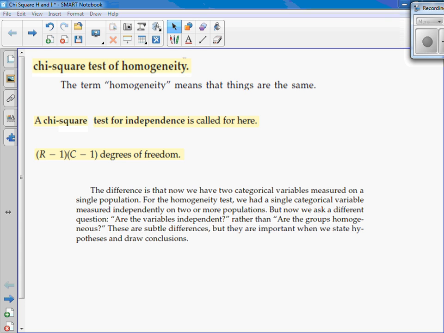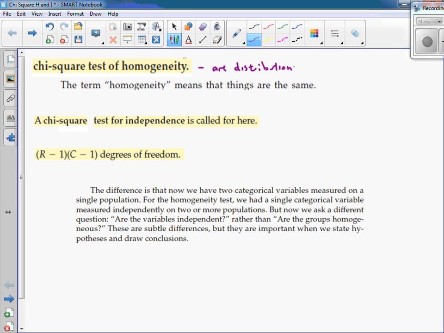The first type of test is a chi-square test of homogeneity. In this case, you're talking about if the distributions are the same. Now, some of you are looking at me going, that sounds a lot like a goodness of fit test. It is, in a sense, but instead of matching a distribution to a theory, you're trying to match distributions to each other.